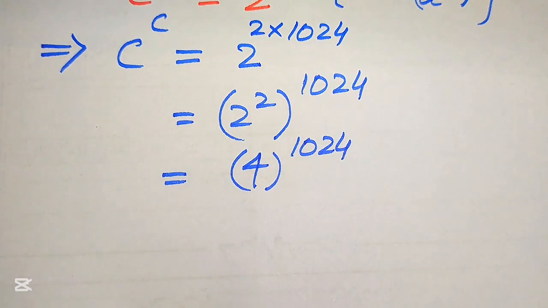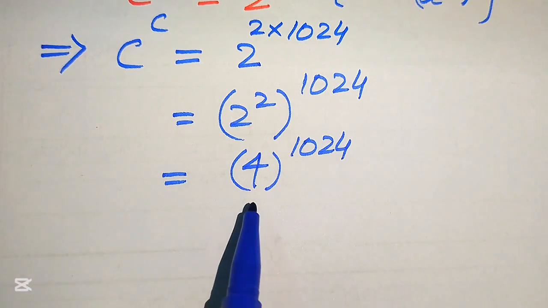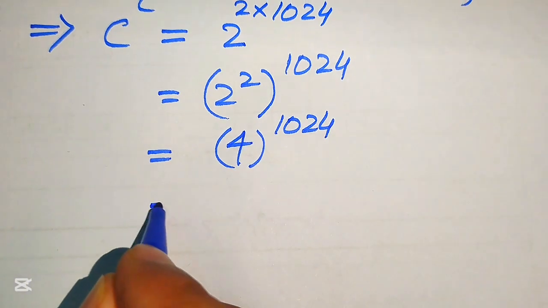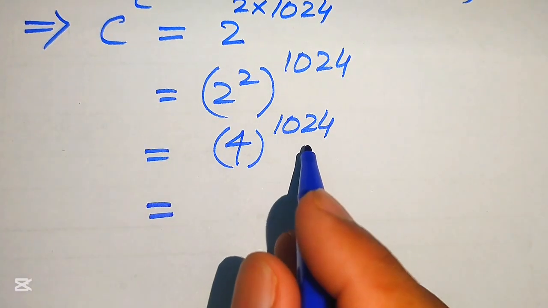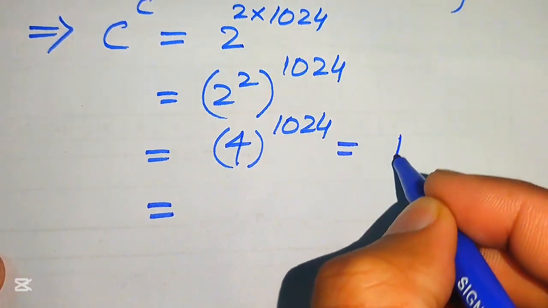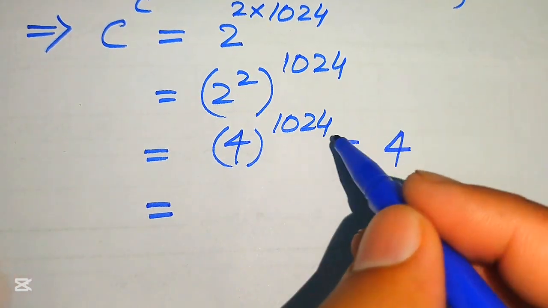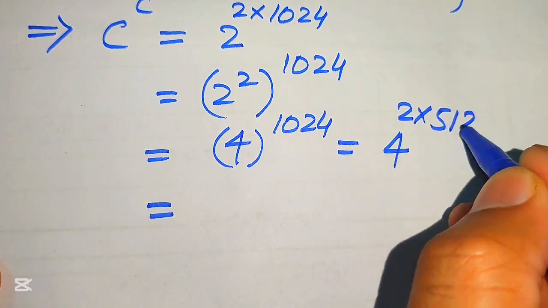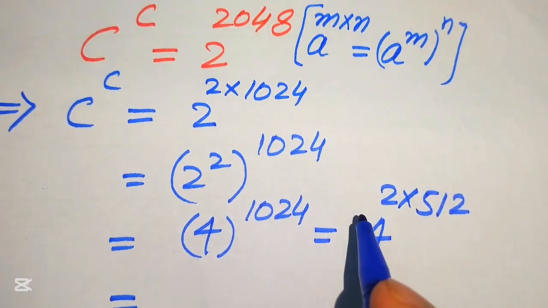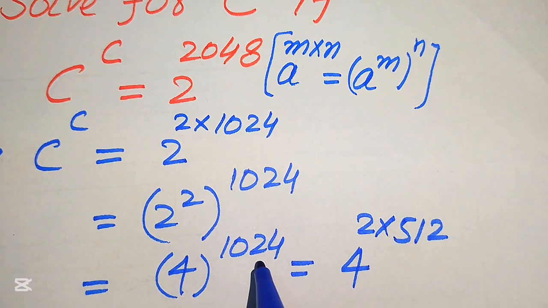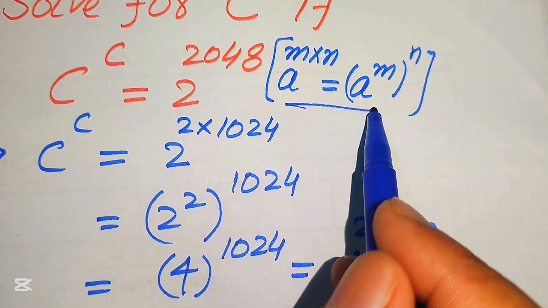Further in the next step, we need to focus more on the exponent term. So again we have the exponent 1024, and again we break this exponent in this form. We write 1024 as 2 multiplied by 512. We know that 2 times 512 is equal to 1024, and here we again apply this exponent law.